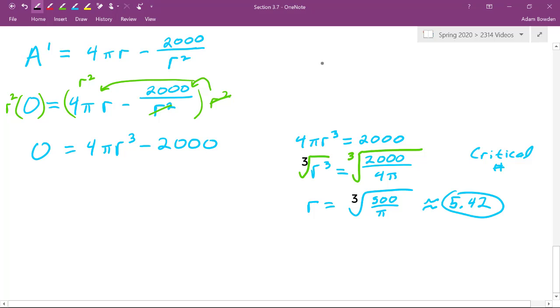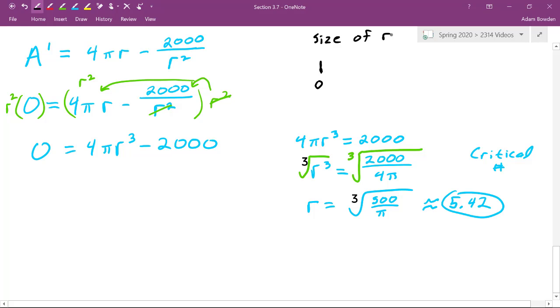Now, as far as the size of the radius and how big and how small it can get, if we made the radius 0, we can't really make the radius all the way to 0 here, because that would mean that it's no longer a cylinder, it's just a flat piece of metal with no real area or surface area to it.